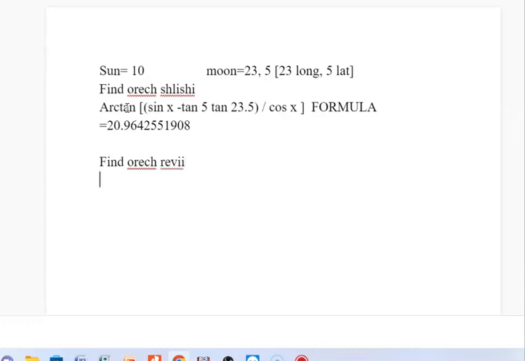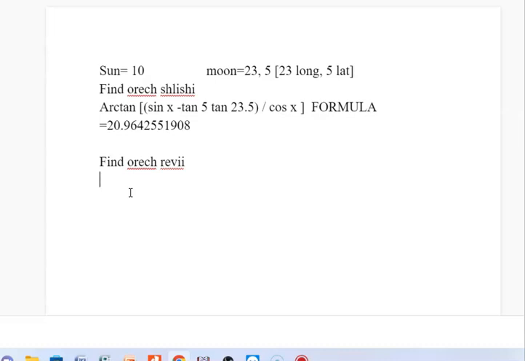So it's like this. First of all, we have to find two things here. We have to find when the sun sets, what point of the celestial equator is at the horizon. And then we have to find when the moon sets, not when the moon sets, when the point of 20.964 sets, what point of the celestial equator, and we subtract the first one from the second one, and that will be Oruch Revi.